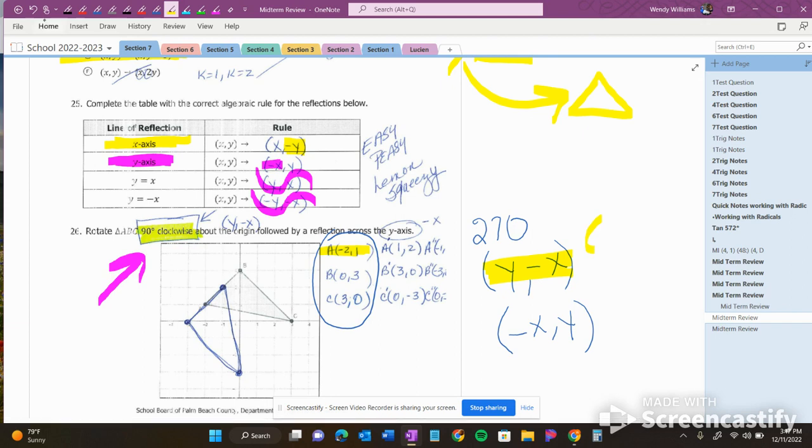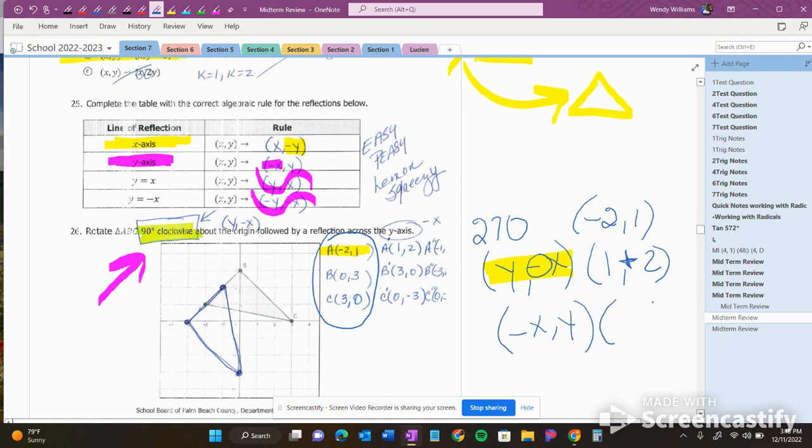Let me see if I can show you an example. Here we go. -2, 1. We switch, 1, -2, and negate the second. So that becomes 1, 2.